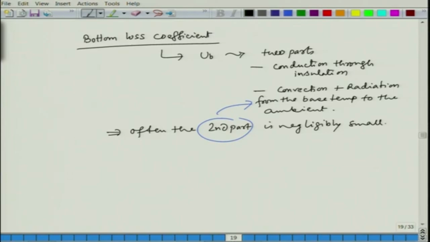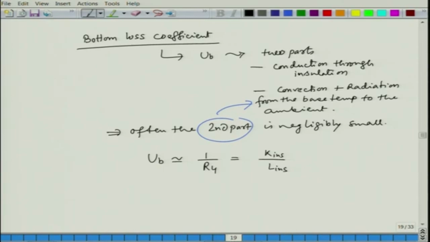Then what we have, this Ub we can write to be just one portion, which is 1 over R4, which is K insulation by L insulation. Okay. The conductivity of insulation and the thickness of insulation, the ratio of it. Okay. So, bottom loss coefficient is a little simpler than the top loss coefficient.